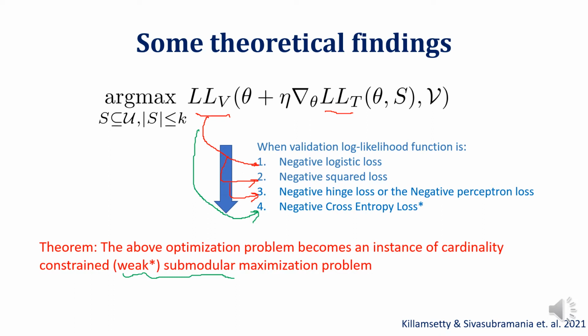Also, if the LLV turns out to be a negative cross entropy loss, we have weak submodularity with approximation guarantees that have already been discussed.